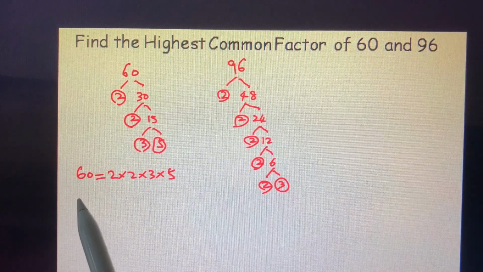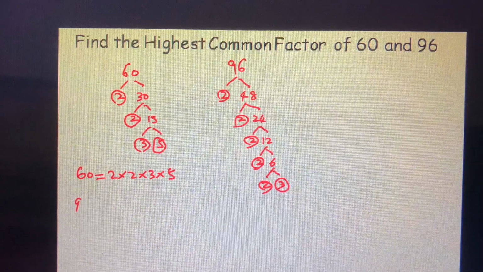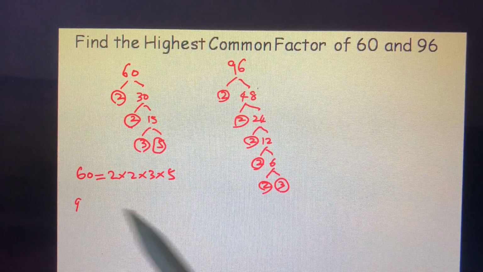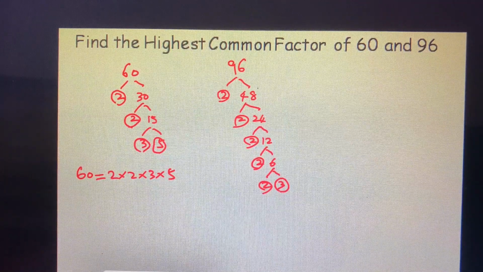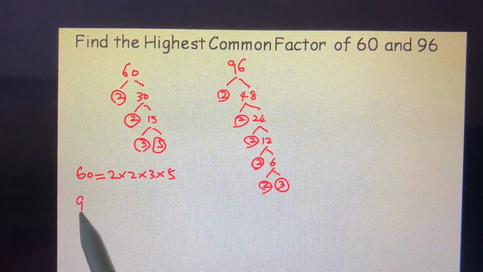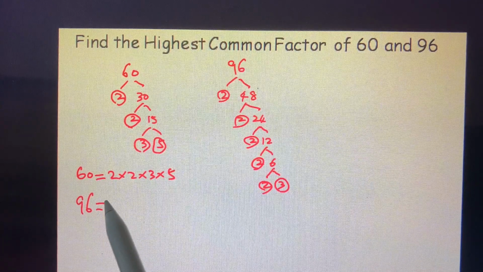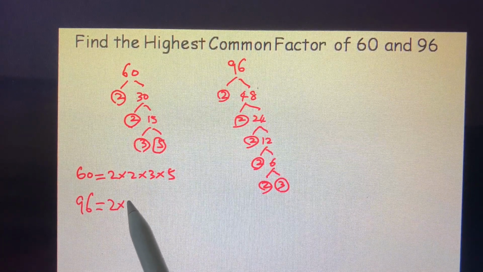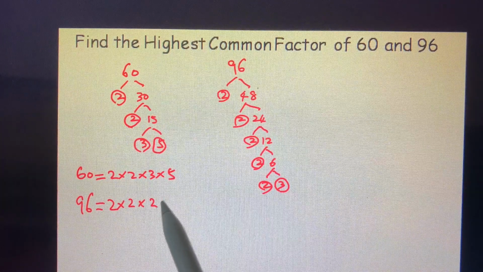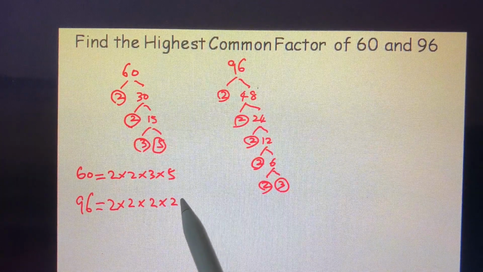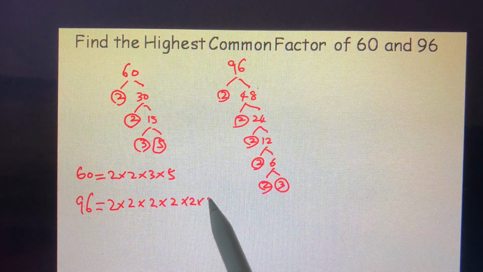So 96 equals 2 times 2 times 2 times 2 times 2 times 3.